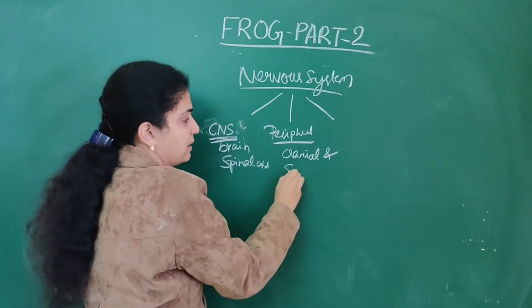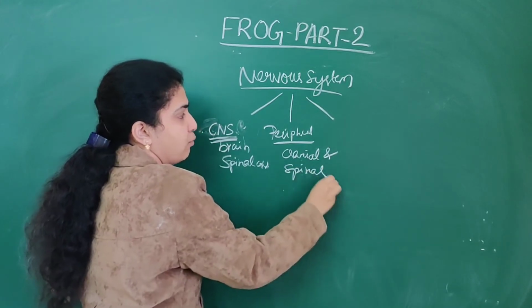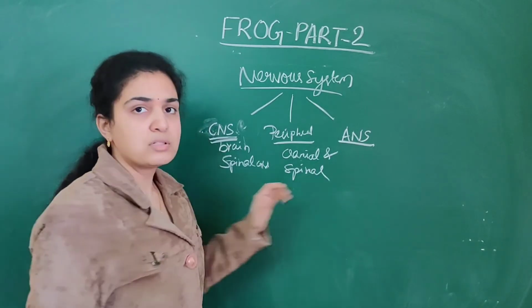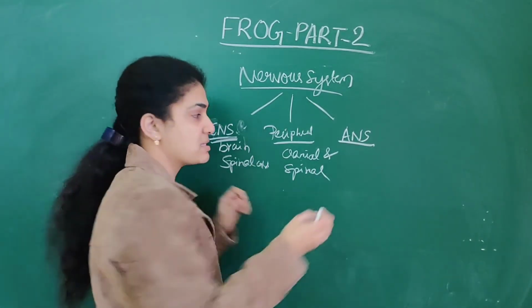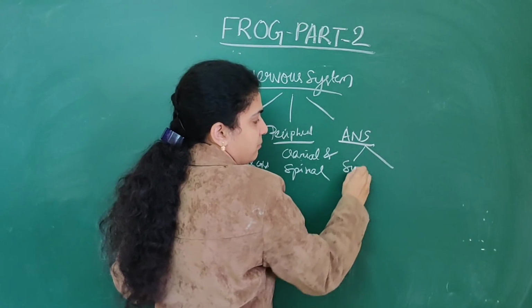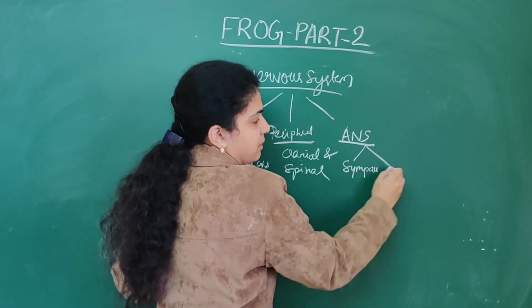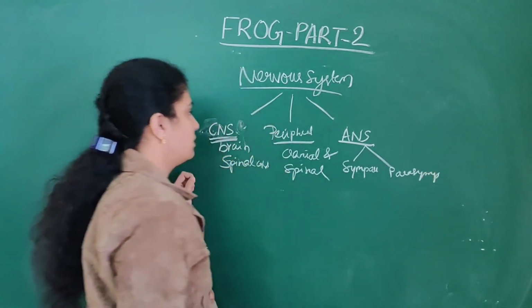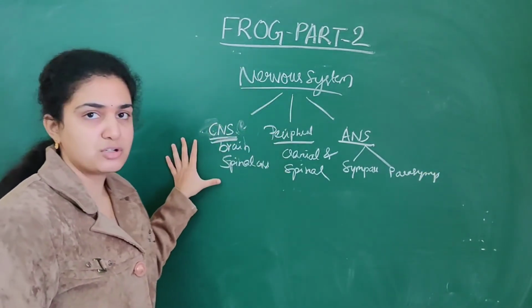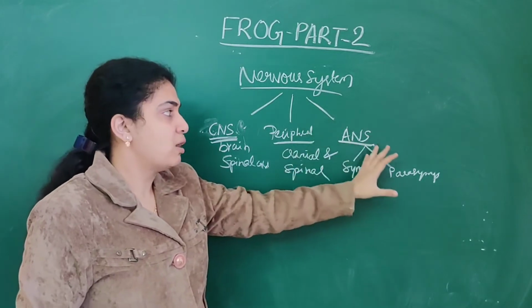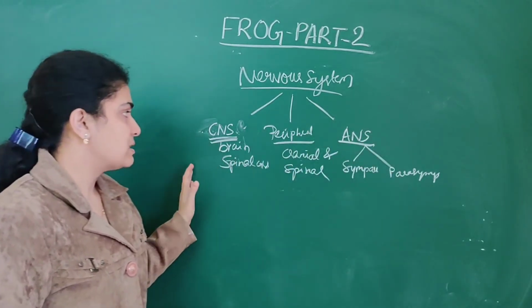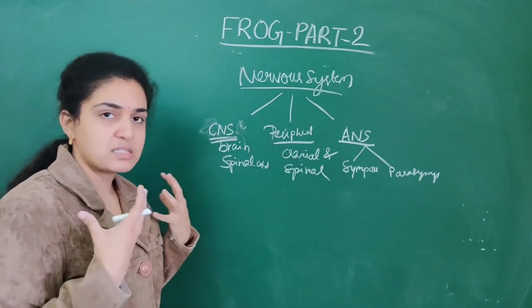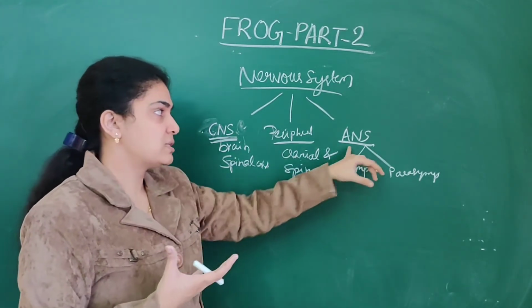And then the autonomic nervous system, with sympathetic as well as parasympathetic activity.